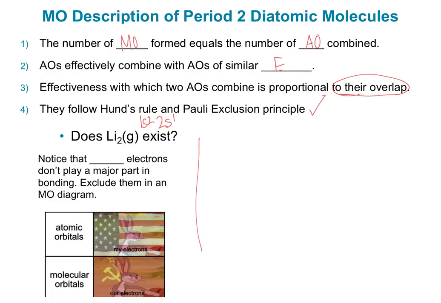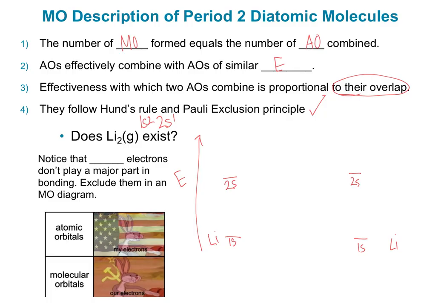We have our energy diagram here. The first lithium has a 1s, and then it has a 2s up here. The other lithium is going to have similar energy, 1s and 2s.